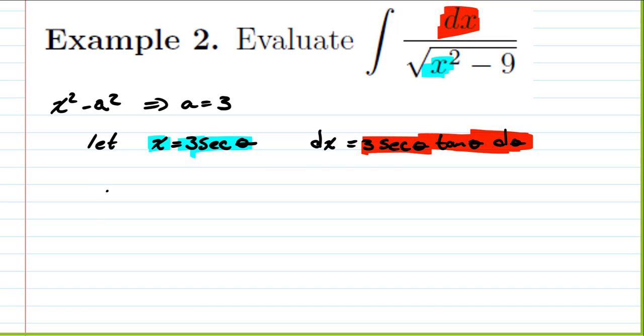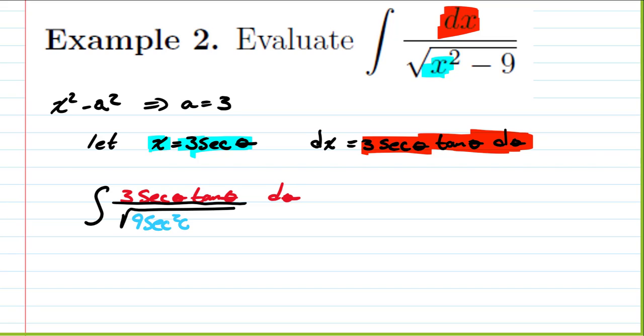That gives us the integral of 3 secant theta tangent theta d theta over the square root of 3 secant squared, 3 times 3 is 9, secant squared theta, take away 9.